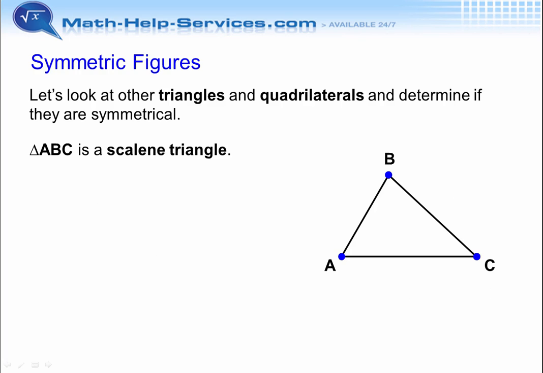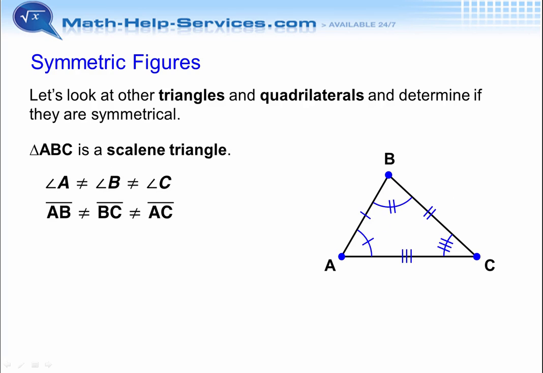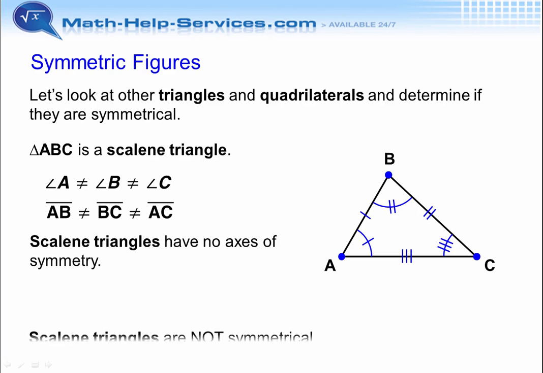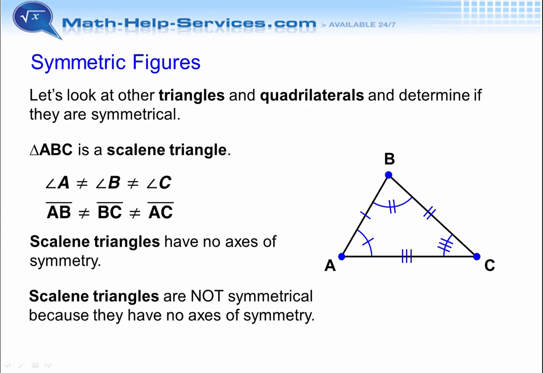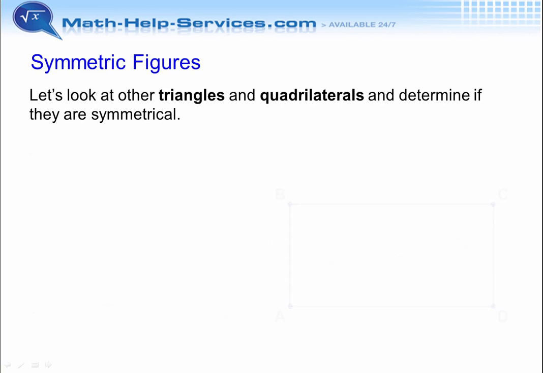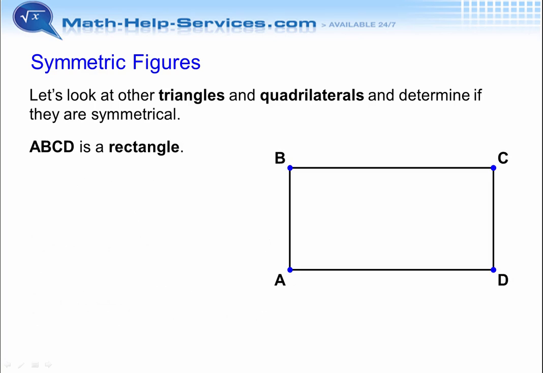Triangle ABC is a scalene triangle. That means none of the angles and none of the side lengths are congruent. Scalene triangles have no axes of symmetry. Scalene triangles are not symmetrical because they have no axis of symmetry. ABCD is a rectangle. That means that each of the vertices are 90 degrees.